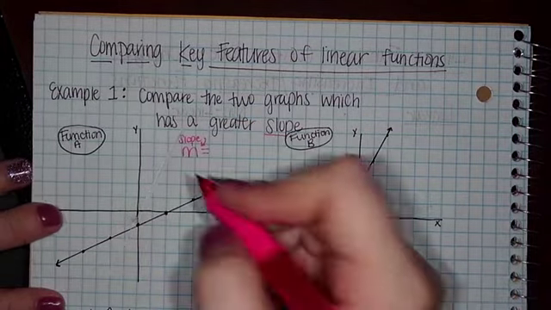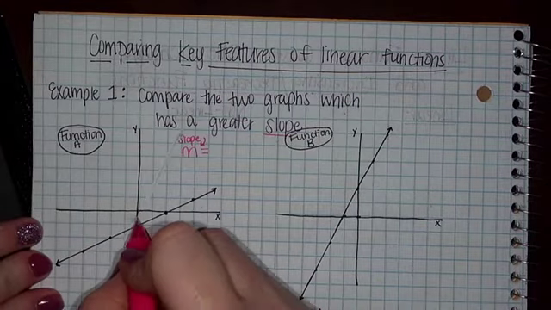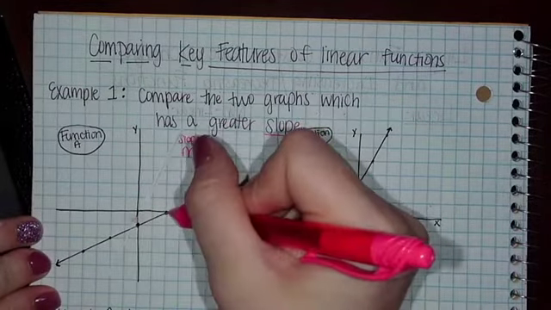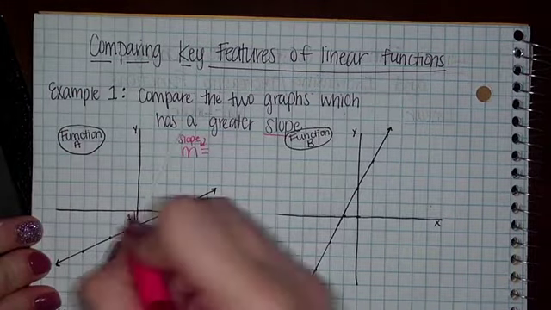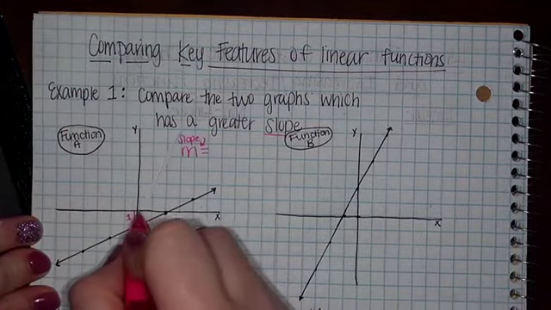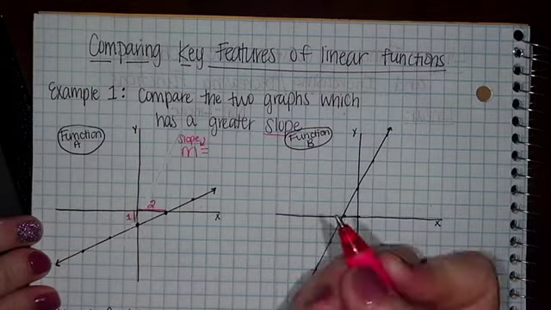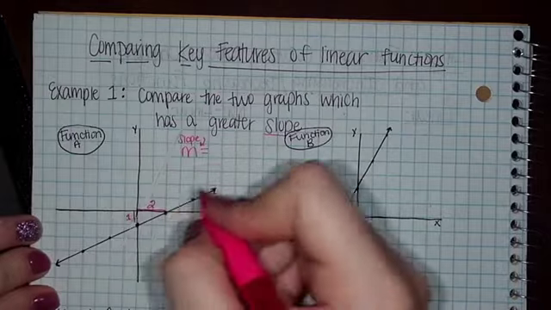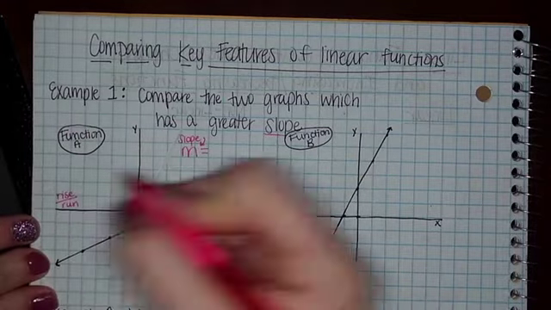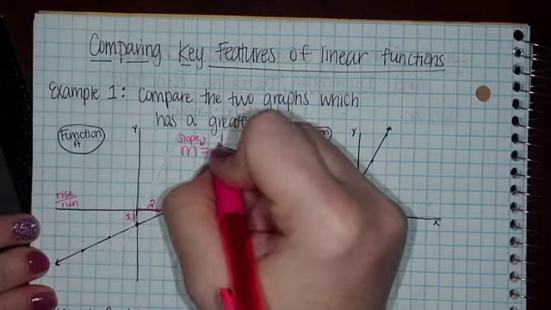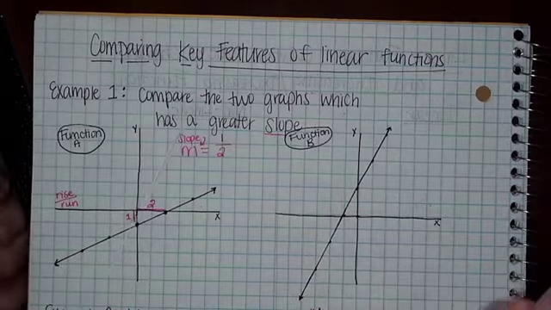If our slope is the m, and I'm looking at this point right here to this point, I want to figure out how much it is going up. So it's going up 1, and then it's going over 2. Remember, you always set it up as rise over run. So I would set it up as 1 over 2, or 1/2.